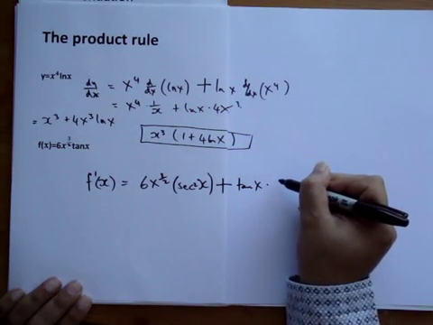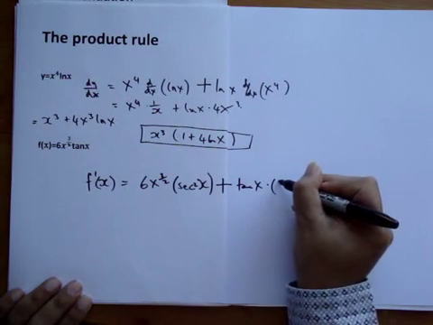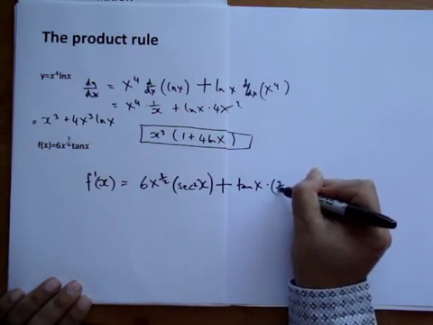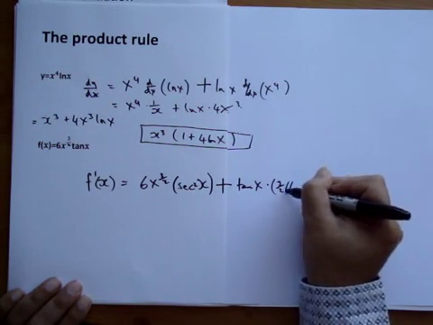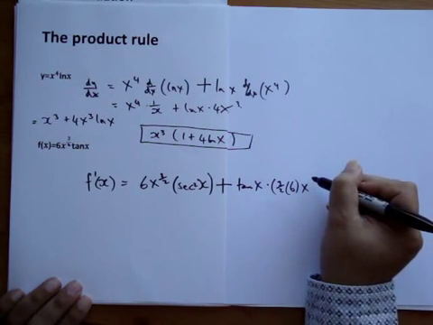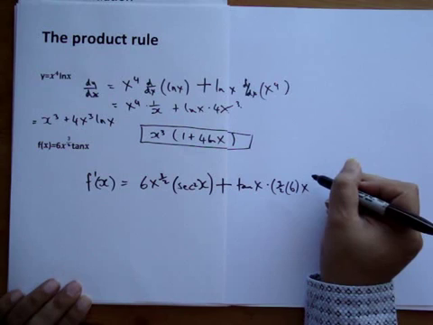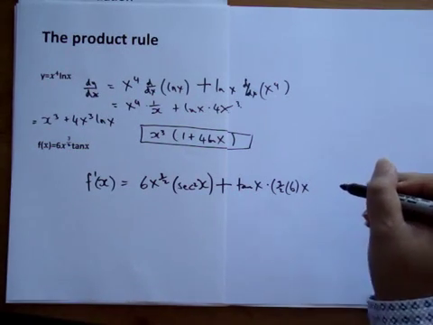multiplied by the derivative of the first term, and that becomes, bring the 3 over 2 down, 6 x, and then 3 over 2 minus 1 is a half.